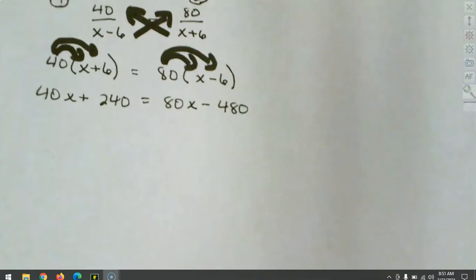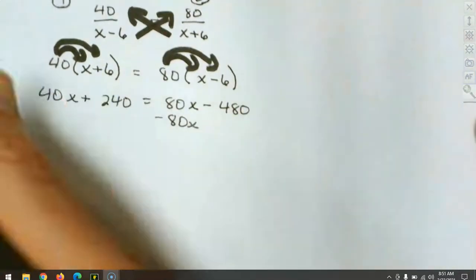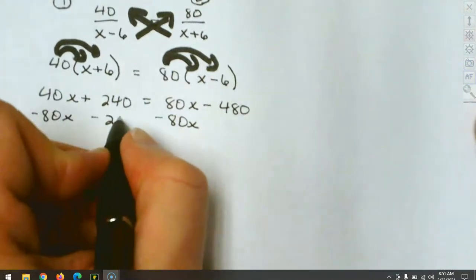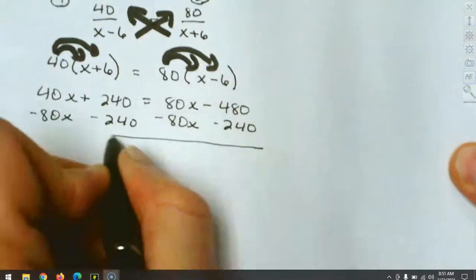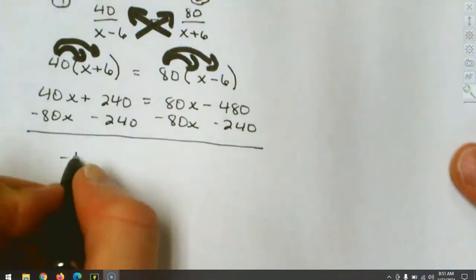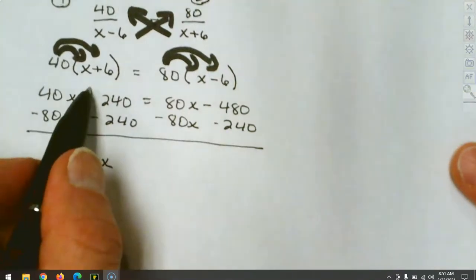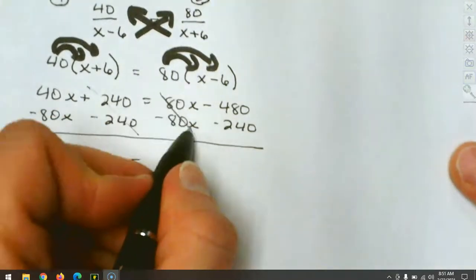Now we simply solve it. So move things around. We're going to move that 80x over with subtraction. And then we're going to move that 240 over as well. Then that gives me 40 minus 80. Well, that's a minus 40x. The 240s, one's positive, one's negative, so they clear out. The 80x, they cancel as well.